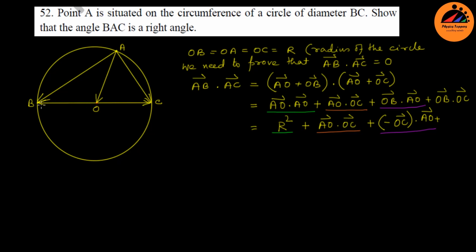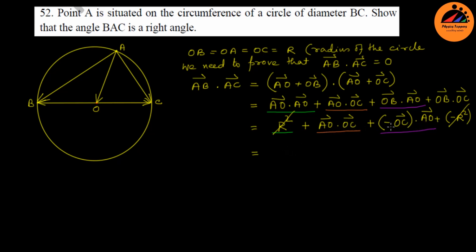OB dot OC. See, OB and OC are opposite in sense, but the magnitude is the same. So OB dot OC is basically, what is the angle between OB and OC? 180 degrees. So this is minus R square, right? Magnitudes are R. So R square gets cancelled, and these two terms, AO dot OC and minus OC dot AO, the dot product commutes, right?